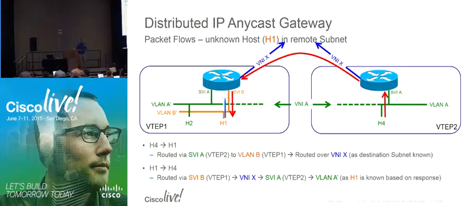And then the response will actually go from host 1 over VNID to host 4. So even with unknown hosts in routing operations, we can handle that efficiently, learn in band when we're actually forwarding traffic, updating the control plane, and subsequently have a more efficient forwarding happening in the network itself.